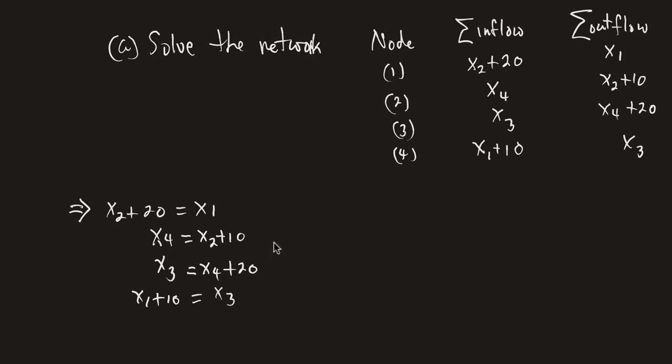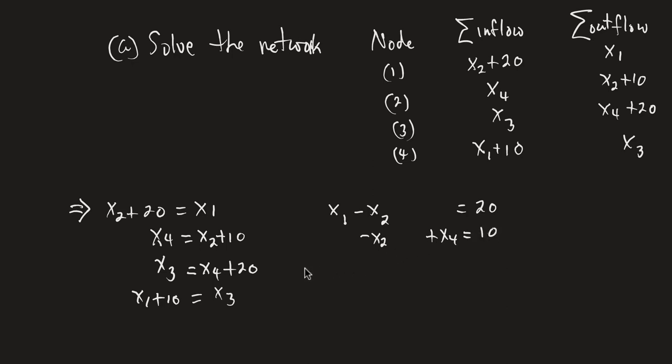So the first equation in a more standard form would be x1, and I could take over the x2 and make it minus x2, and that's equal to 20. And then the next equation, if I move the x2 to the left, I'll have negative x2, plus x4, and that's 10.